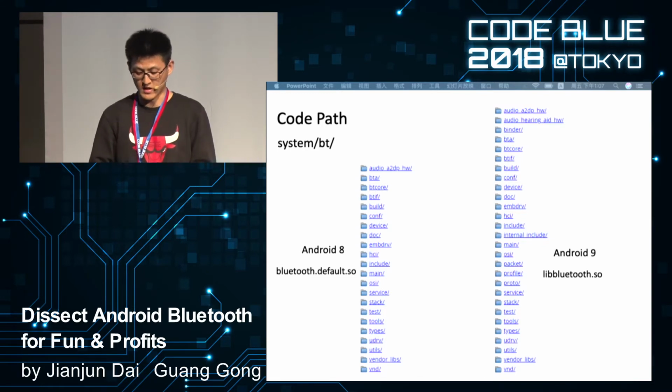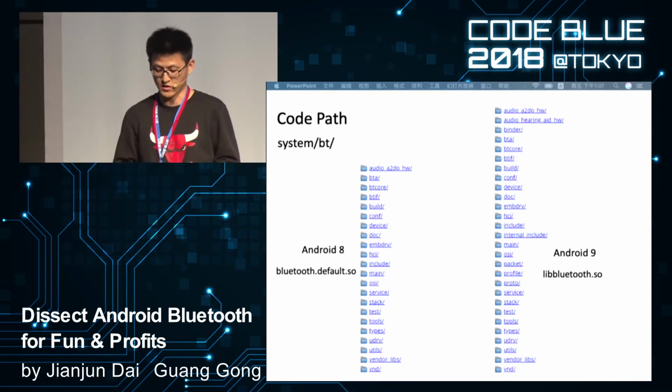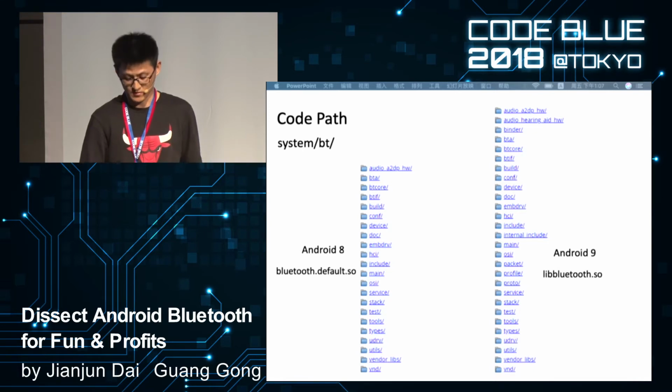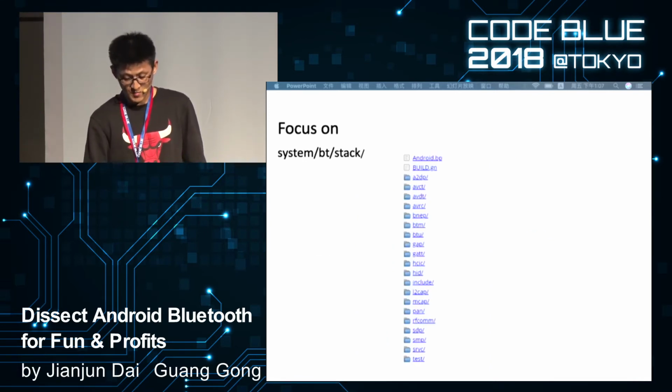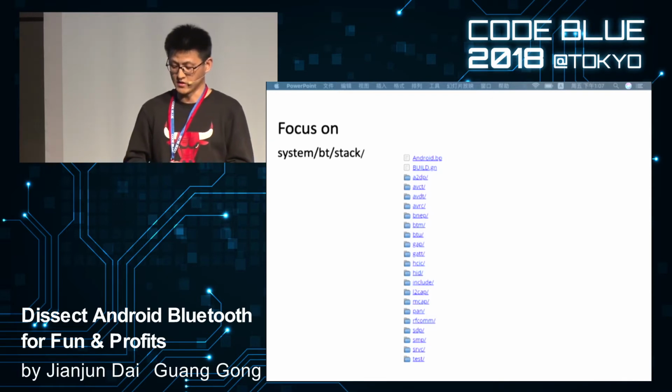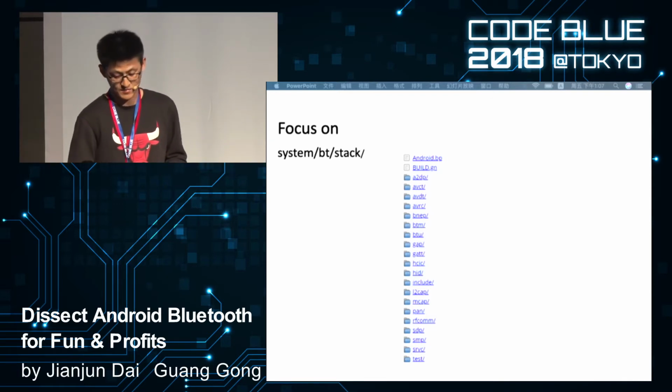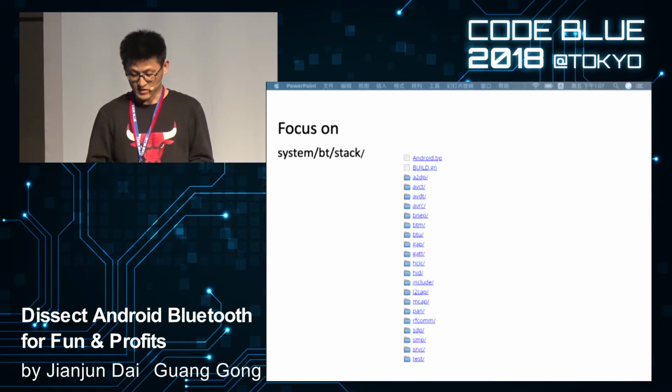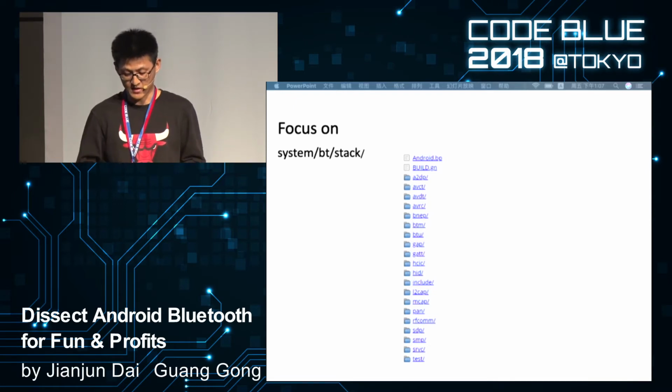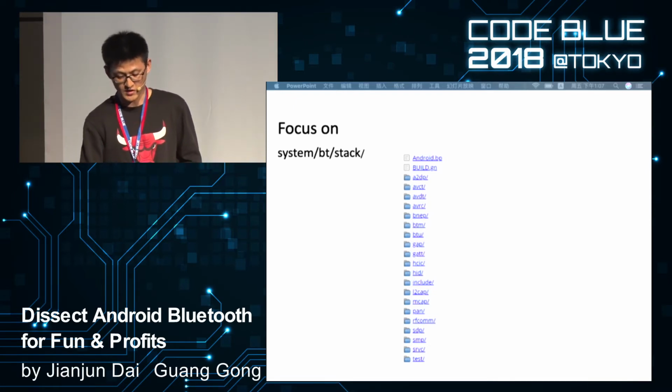The buggy code I'm going to talk about later is based on Android 8. The Bluetooth stack is included in the system/bt directory. These subdirectories are very clear and implement different protocols.